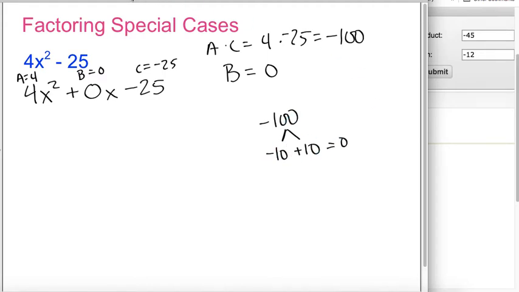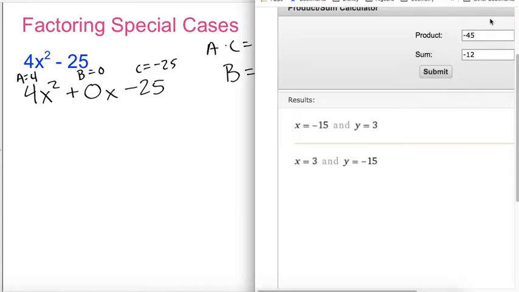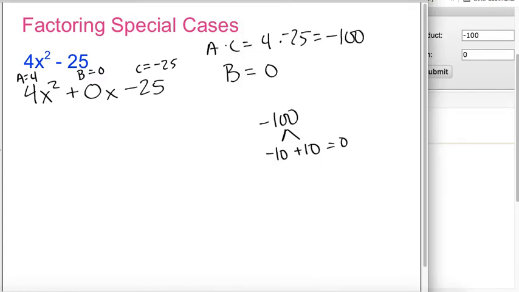You could still use the Wolfram Alpha thing if you want to. So negative 100 is our product, and then 0 is what we want the sum to be. And you'll see negative 10 and 10. So my middle term needs to be broken down to negative 10x and a positive 10x.